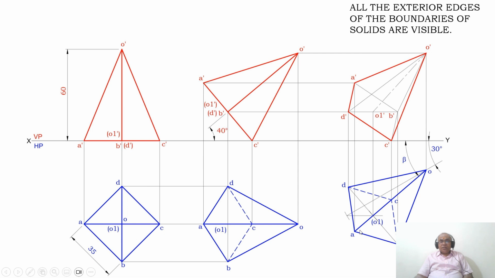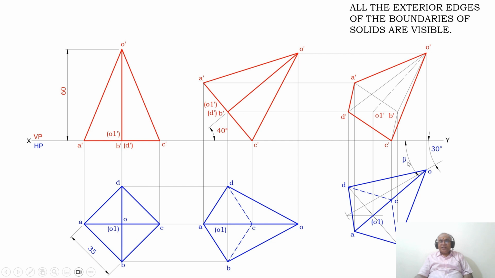Then draw a vertical projector from B to this line. Similarly from O1 to the same line again, and from D to the same line. You mark this point as D dash, and you mark this point as O1 dash, and you mark this point as B dash.